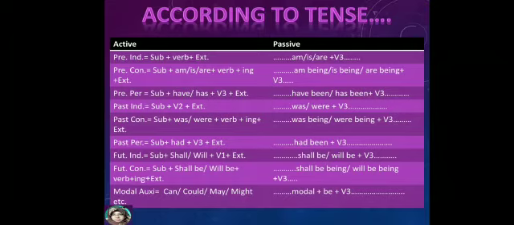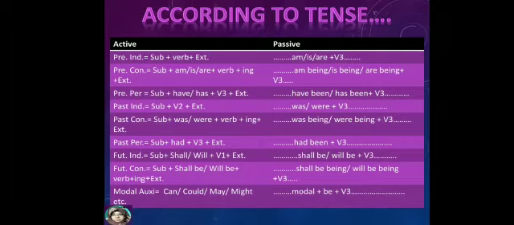Dear students, tense is the important part to know voice change. When we turn active into passive form, we have to change the form of be verb. Auxiliary verbs are used passive voice according to the tense of sentence.